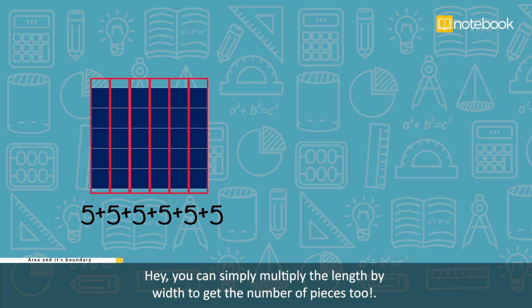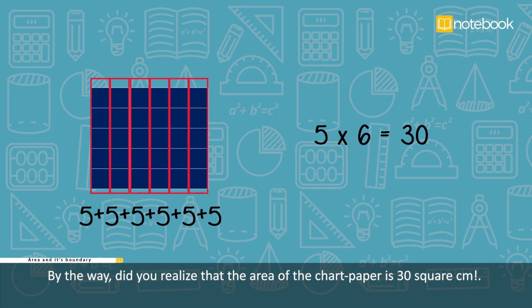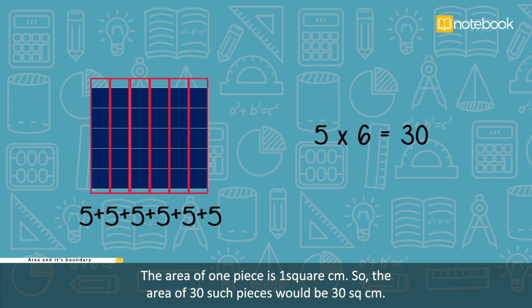Hey, you can simply multiply the length by width to get the number of pieces too. By the way, did you realize that the area of the chart paper is 30 square centimeter? The area of one piece is 1 square centimeter. So, the area of 30 such pieces would be 30 square centimeter.